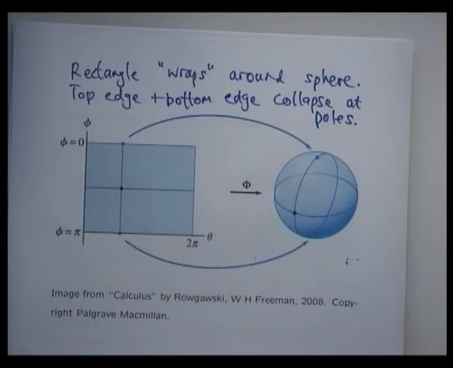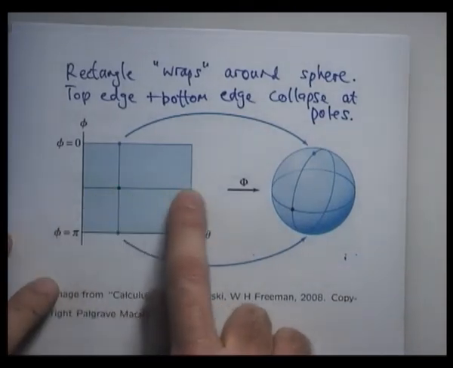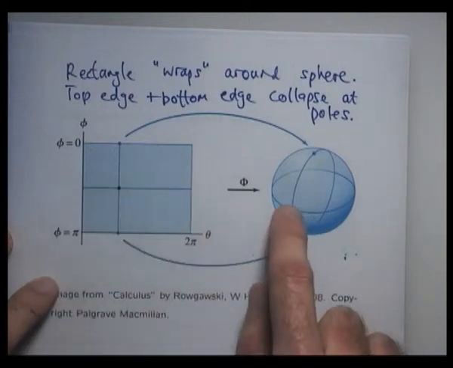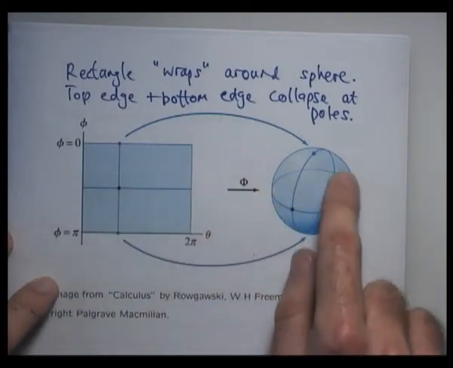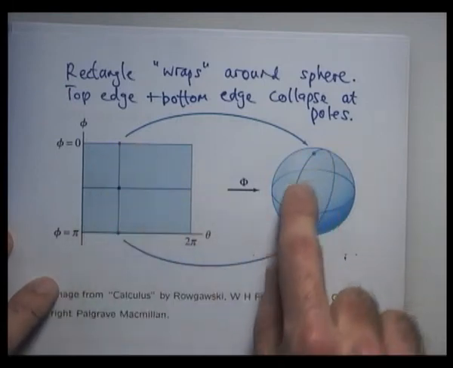Again, note that this line here becomes a latitude line, and this line here becomes a longitude line.